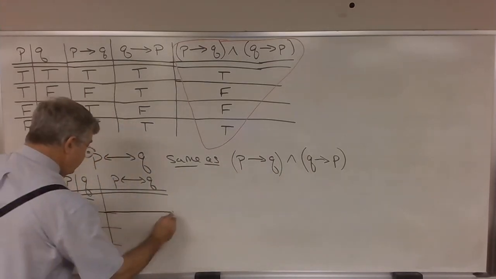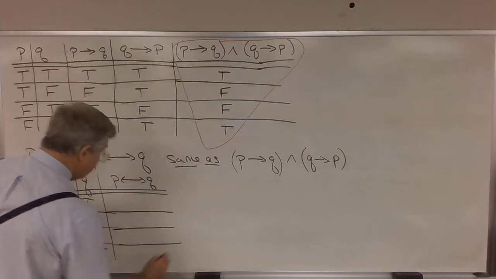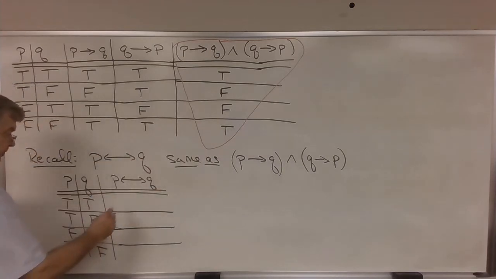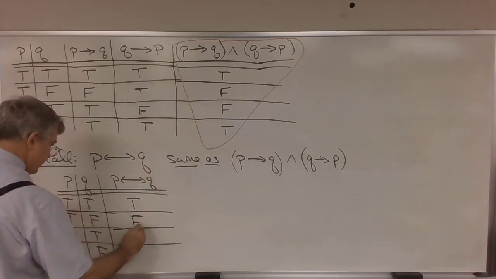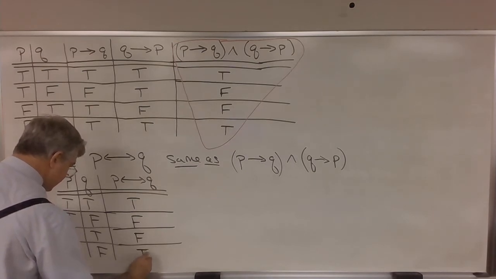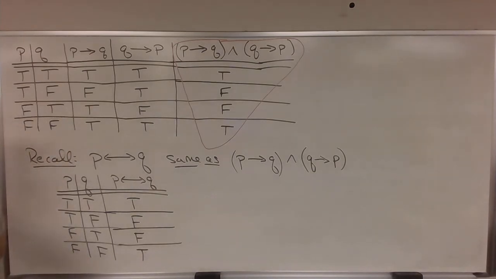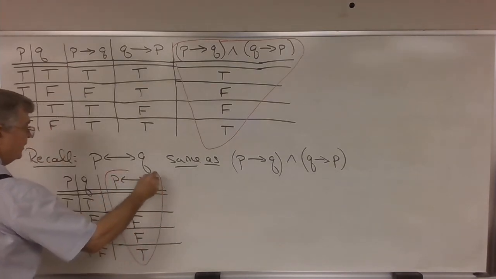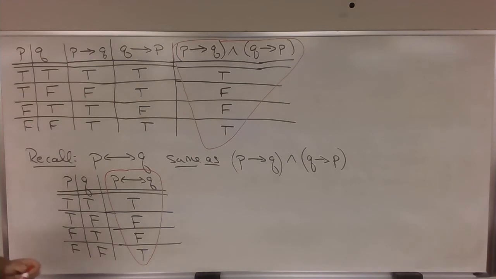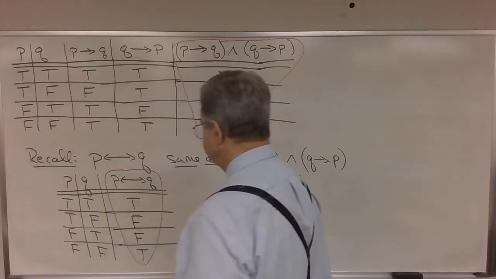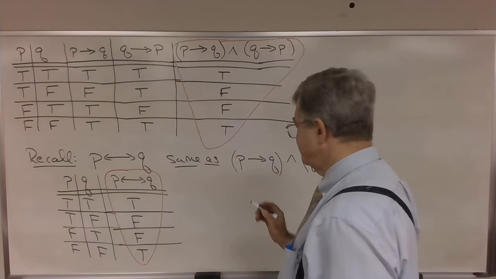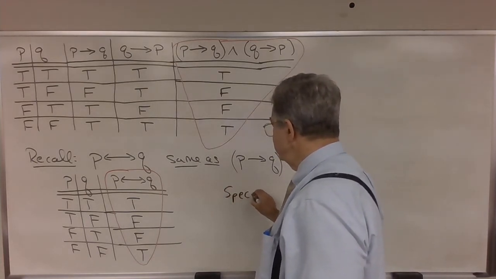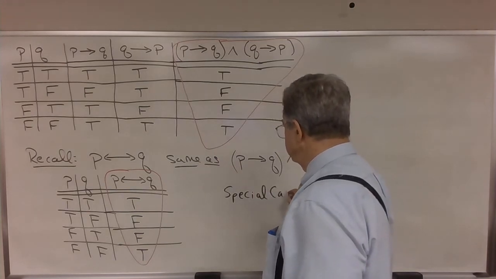And so let's see. Our truth values were true, false, false, true. Okay, P if and only if Q. Now, how can we do the special case here?